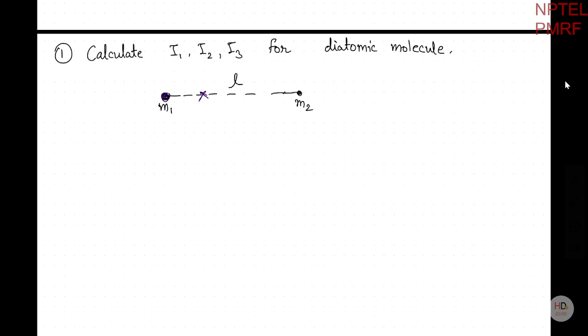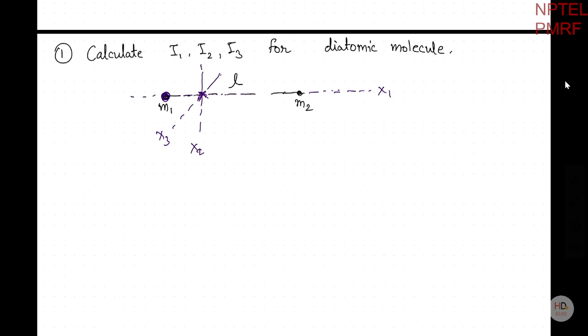If m1 is heavier, then it would be towards m1, right? So the principal axis, you can think one is this way. It's a symmetric top. So this is one axis, let's call it x1, and the other two would be perpendicular to that, so x2 and x3.